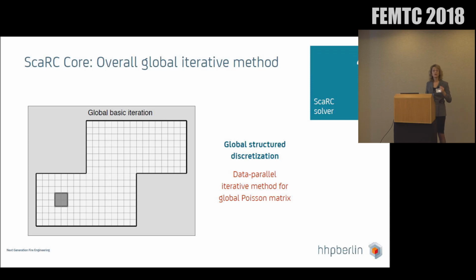SCARC is also based on a global structured discretization in the first step. So we have a global iterative method which really works on the global Poisson matrix, not on a set of local ones. And all the iterative components of this method are performed in a data parallel way, which means that they produce the same results as the corresponding serial method.